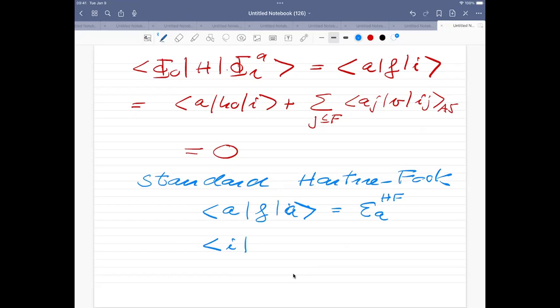The states i below the Fermi level are going to define the hole energies or the modified energies. And then we are going to have f_ia equal to 0.